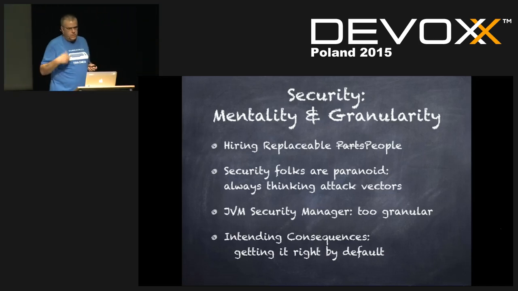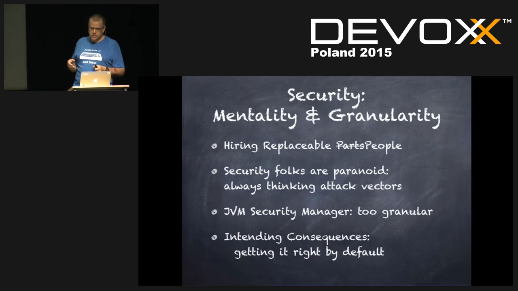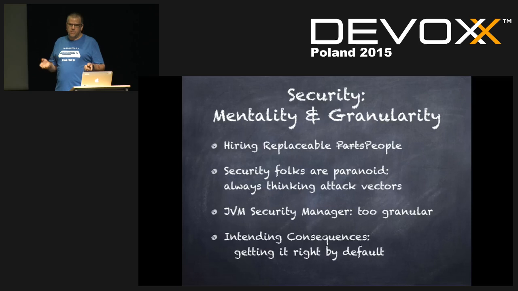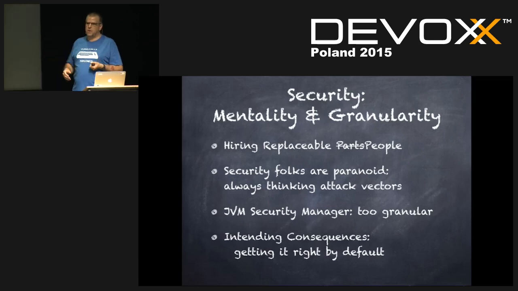Finally, when you think about security, when you have a mentality about security, you want to have the intended consequences. You want to have the default thing be right. So bringing up a container without networking and then explicitly adding networking to it is materially different than saying, I'm going to bring it up with networking, and then I'm going to do something with the packet filters or with IP tables or something to constrain what's going on.